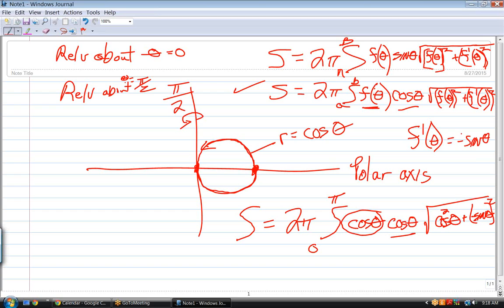So we're going to square that. And when you square negative sine theta, you get positive sine squared theta. So now what we have under the radical is cosine squared plus sine squared. That's 1, always. So now our length becomes 2 pi times the integral of cosine squared theta d theta, going from 0 to pi.